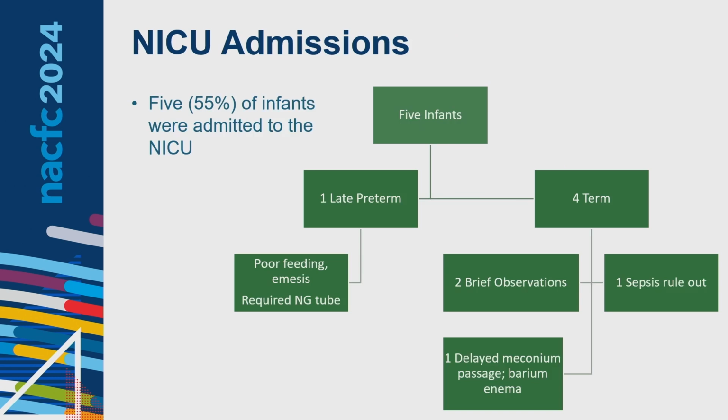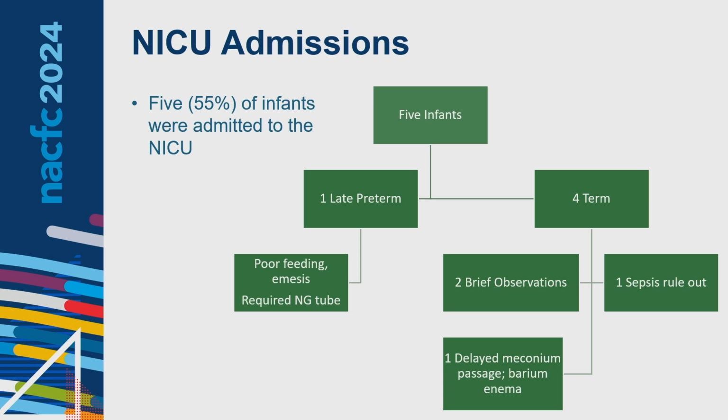5 of the infants were admitted to the NICU. My clinician eye tells me that some of these were likely not required, and I can share for the infant that we cared for at our center that it was really out of an abundance of caution. There was 1 late preterm infant that had obvious symptoms, so poor feeding, recurrent vomiting, and the requirement of feeding through a nasogastric tube. Of the term infants, 2 were just brief observations.